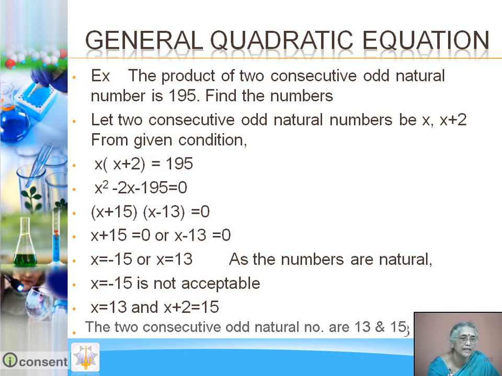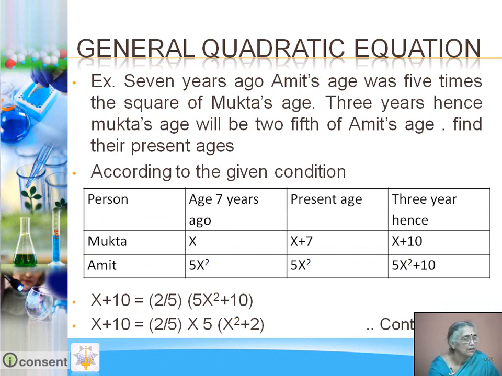But you are given the numbers are natural. And obviously minus 15 is not a natural number. So x is equal to minus 15 is not acceptable. So we write x is equal to 13. And obviously x plus 2 is 15. So the two consecutive odd natural numbers are 13 and 15.